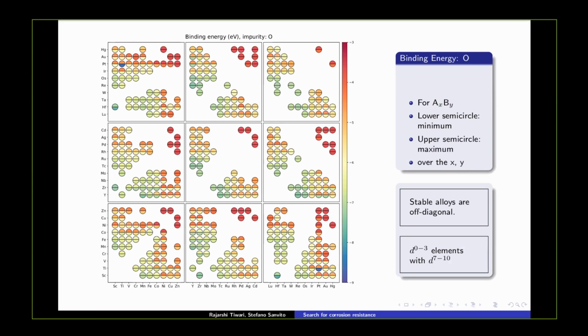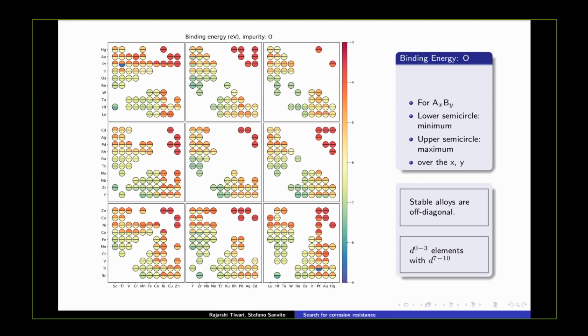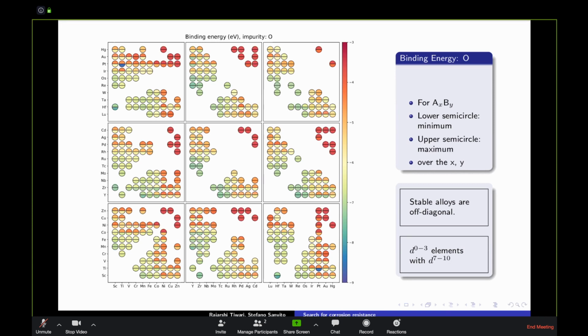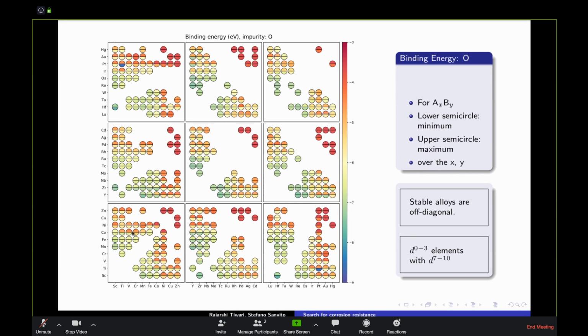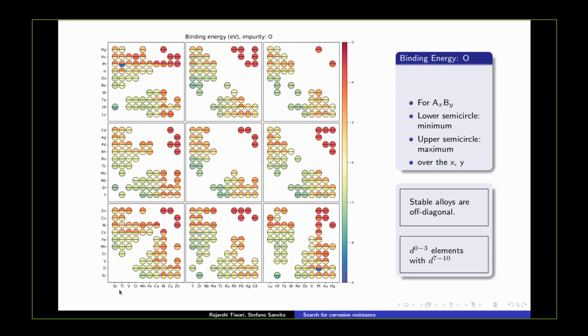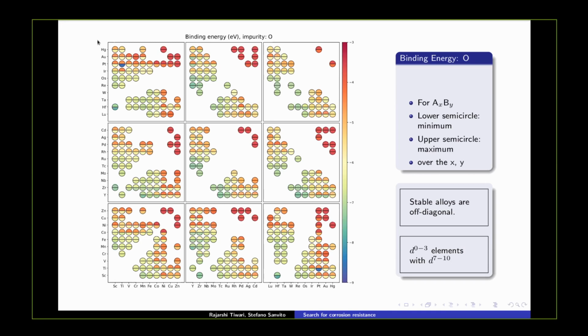Now here is the actual result. Here we show the binding energy of these compounds. As we mentioned, the binding energy is a function of A and B, as well as their fractions X and Y, so that's basically a 4-dimensional database. We simplify this to a 2-dimensional chemical space for A and B, which is 3d, 4d, 5d on the x-axis, and similarly 3d, 4d, 5d compounds on the y-axis.